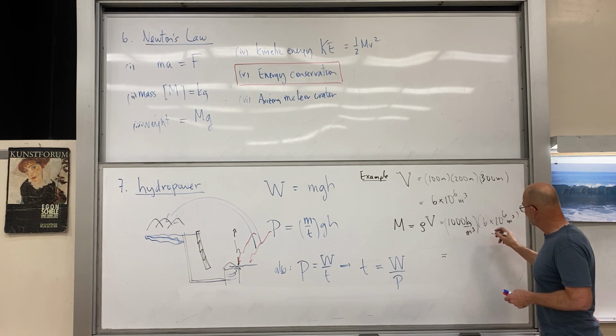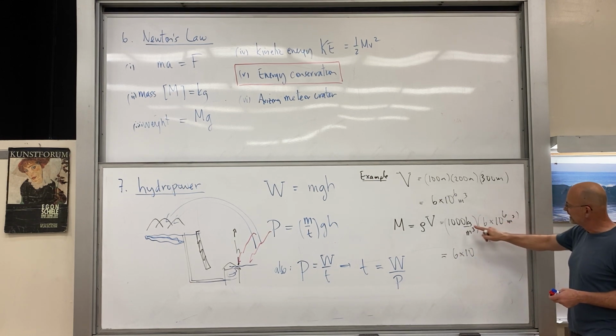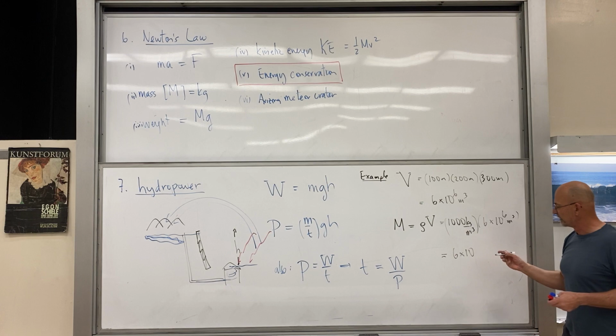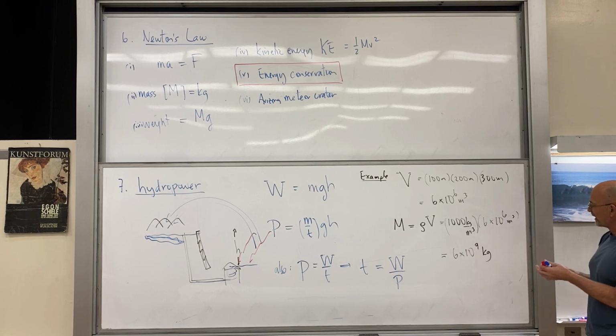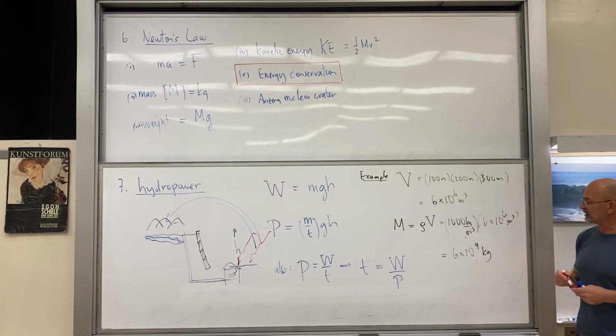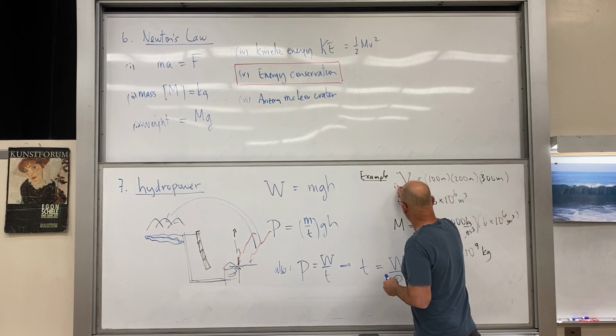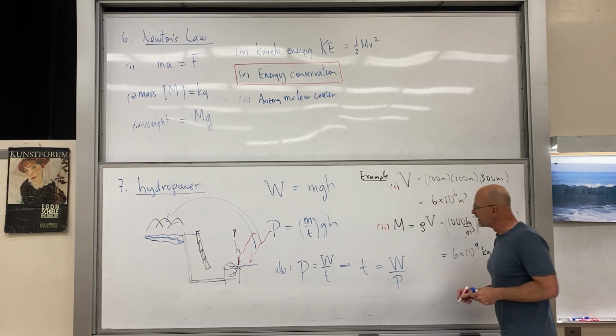So now my mass is 6 times 10 to the 9 kilograms, right? Kilograms because the meters cubed cancel numerator and denominator. Okay, so I have the volume. I now have the mass.